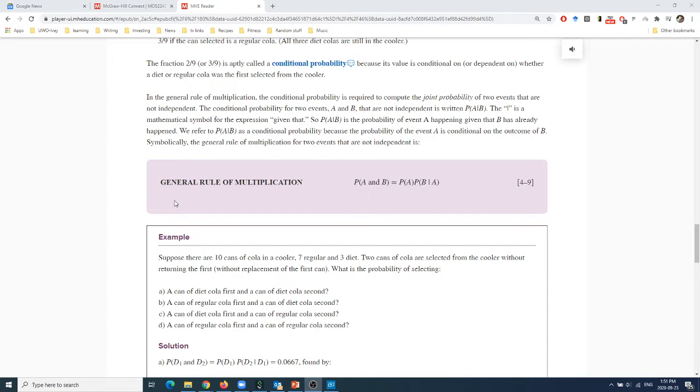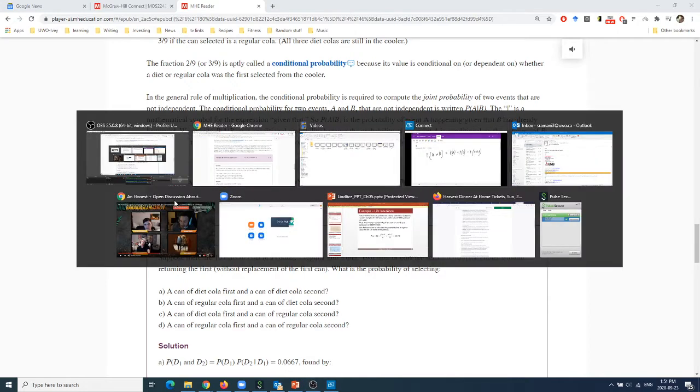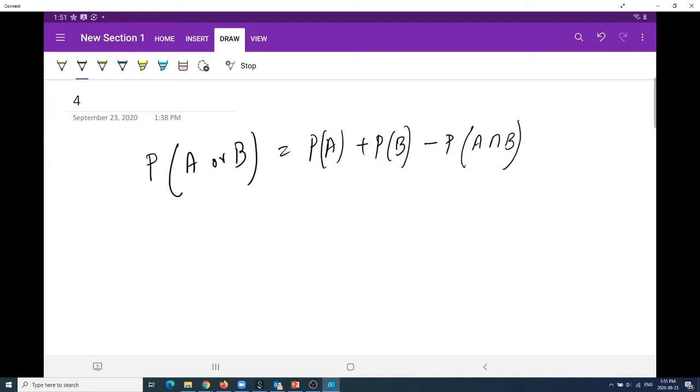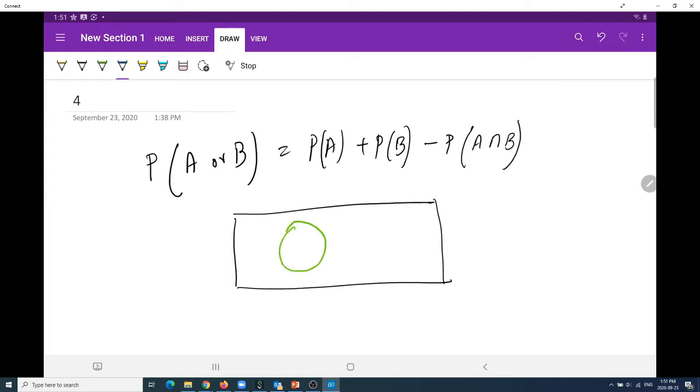Okay, so we already know the general rule of addition, which is the probability of an event actually being A or B is the probability of A plus the probability of B minus the probability of A intersection B. So here, try to think about this as when you have two areas: area A, and then area B. So this is B, this is A, and here you have the shaded area between them.